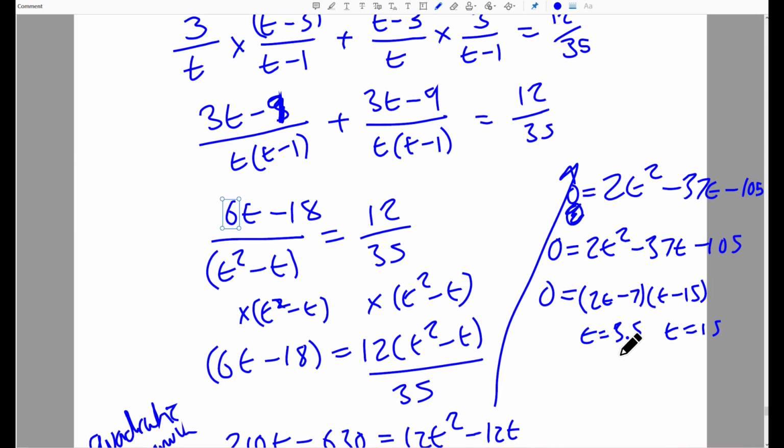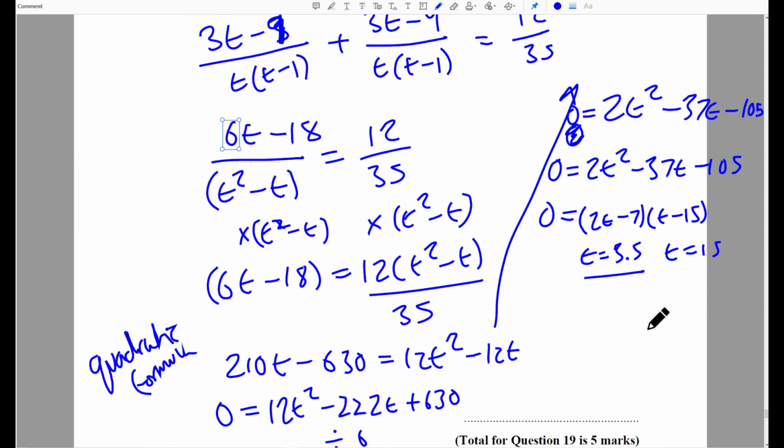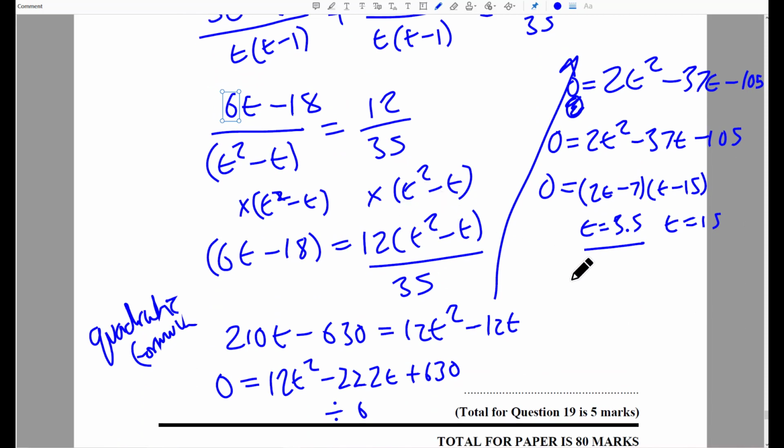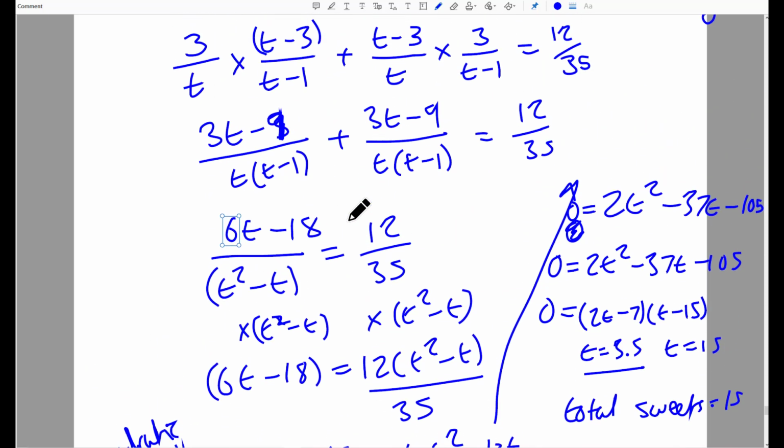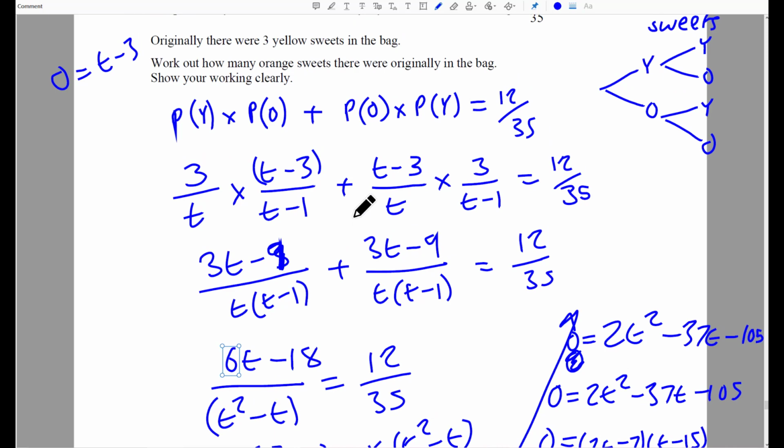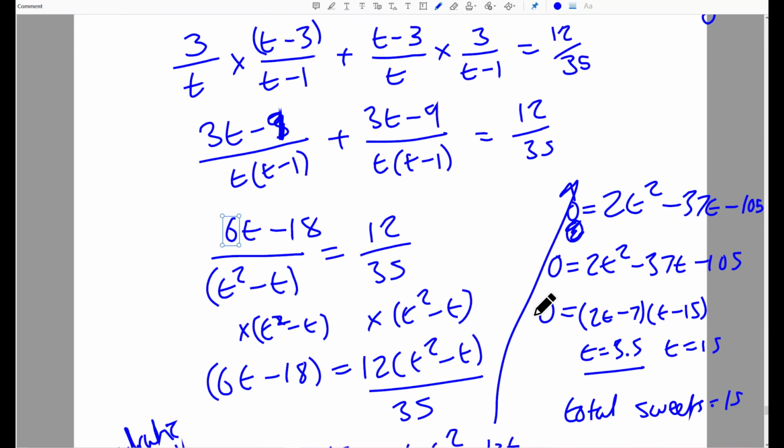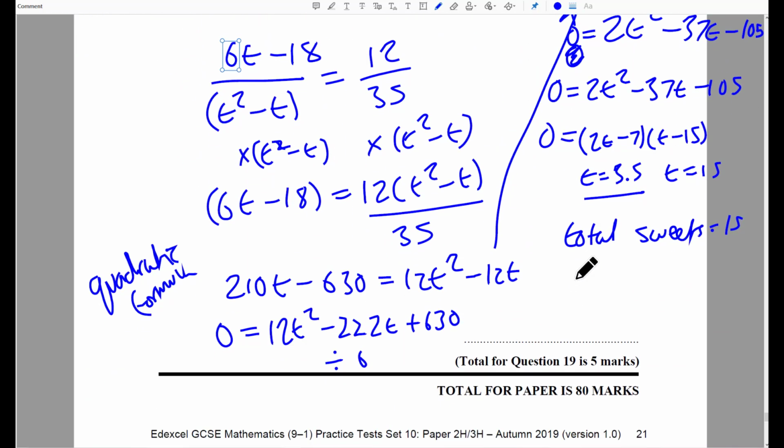Well, we know it can't be half a sweet, so t must equal 15. So total sweets. And what's the question asking us for? The total amount of orange sweets. Oh, so there's 3 yellow sweets, so 15 minus 3, the answer is 12.